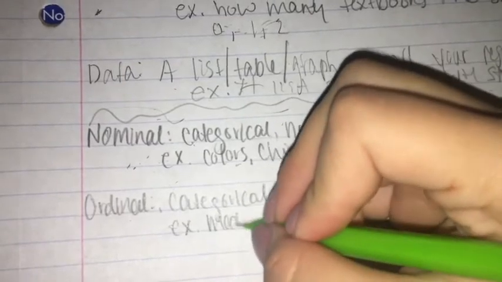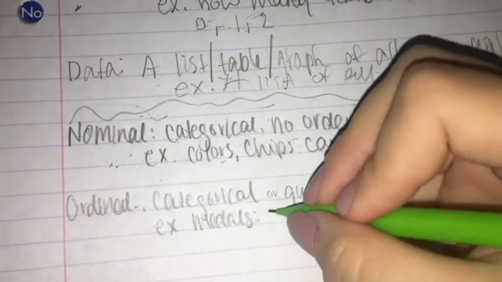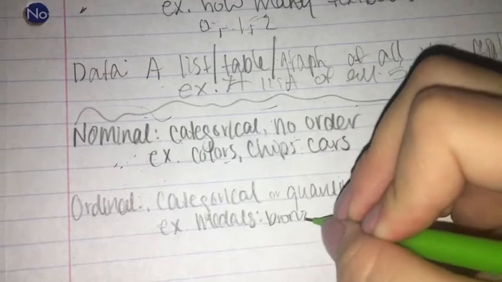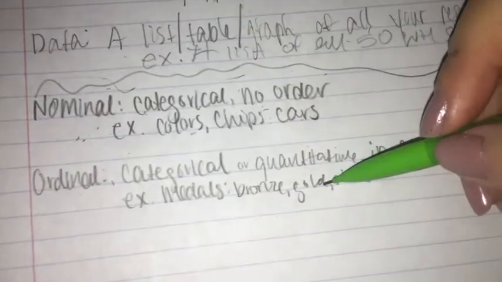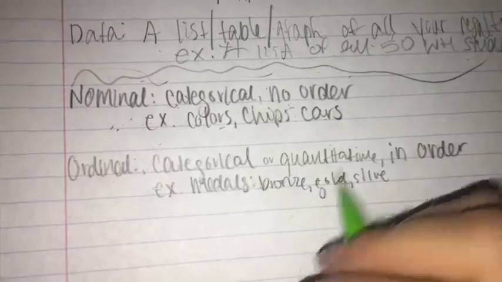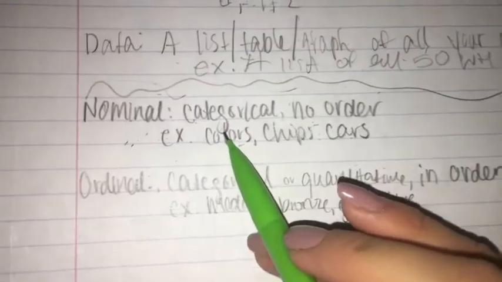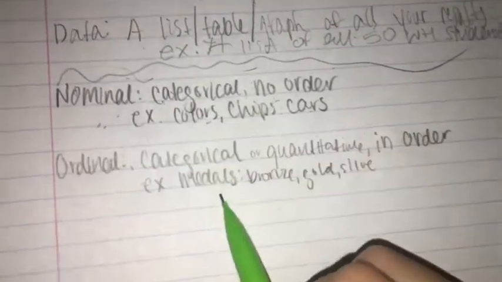So try thinking of metals. Although these are colors, they can be put in an order. Bronze is third place, silver second, gold is first. But notice how colors can't have that same type of order just in general.